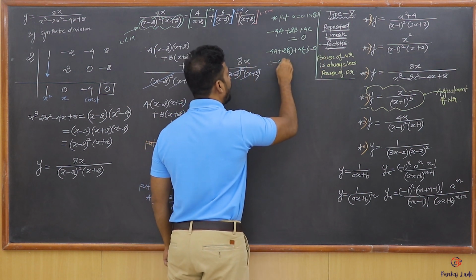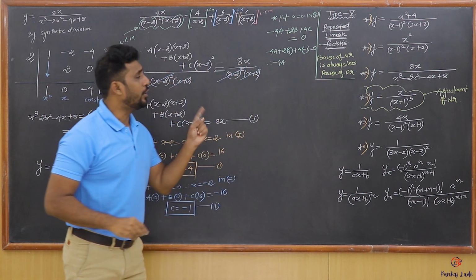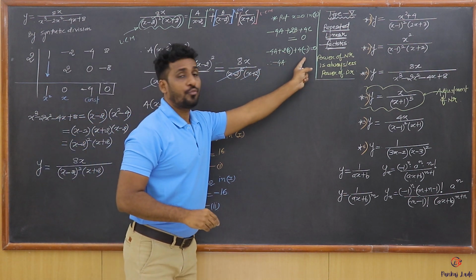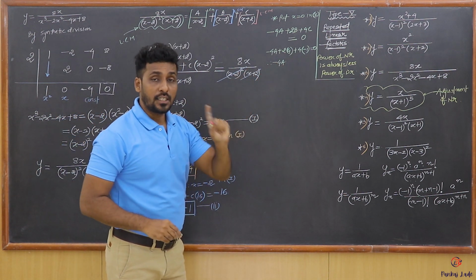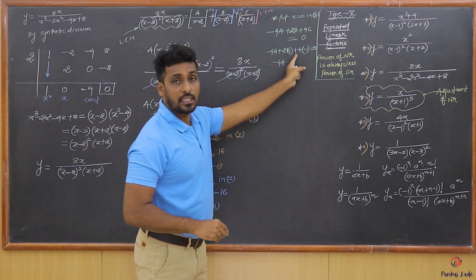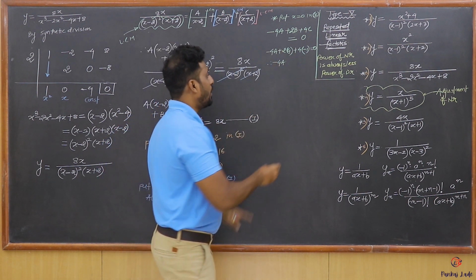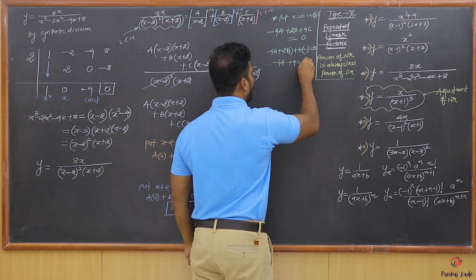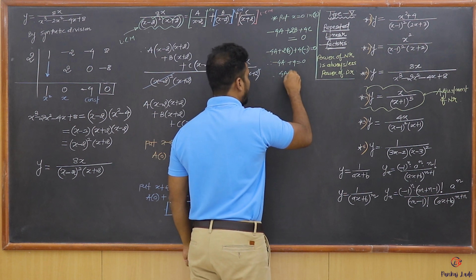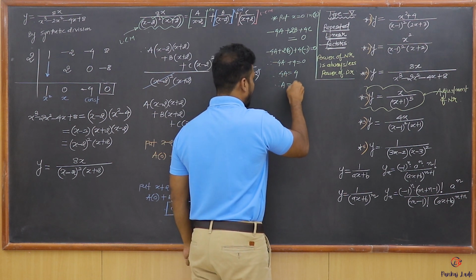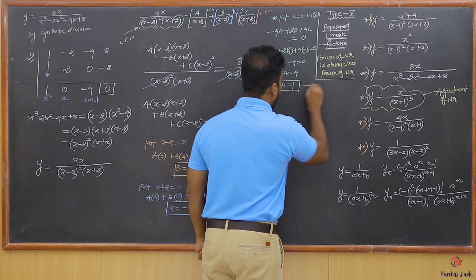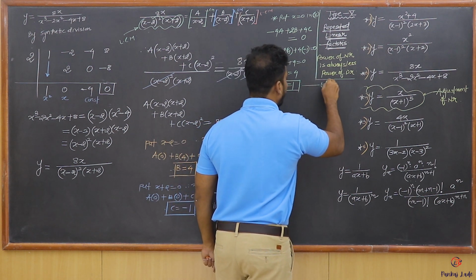So that's minus 4a, isn't it? 4 into 2, that's 8. This is plus 8, this is minus 4. So 8 minus 4 is going to be plus 4. Plus 4 equal to 0. So 4a becomes equal to 4. So a becomes equal to 1. I'm going to call this my third relation.